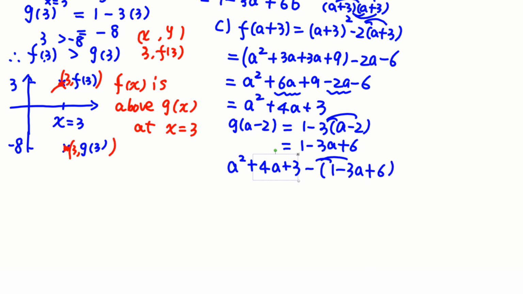Then get rid of the bracket. You have a negative sign, so you are going to switch the sign in the bracket. So a squared plus 4a plus 3 minus 1 plus 3a minus 6, then collect the like terms.